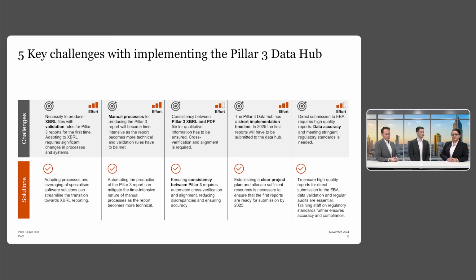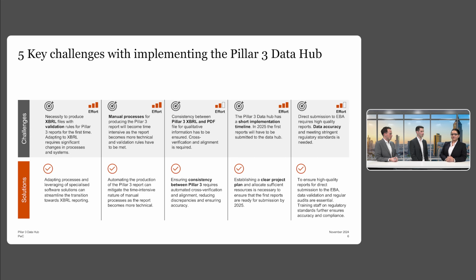Another challenge is to ensure the consistency between the XBRL files for the quantitative and the PDF file for the qualitative data, and to be able to align these two files. So also again, automatization can help the cross-validation between these two files. And also, as mentioned, another challenge is the short implementation timeline, with the first submission already in June 2025.